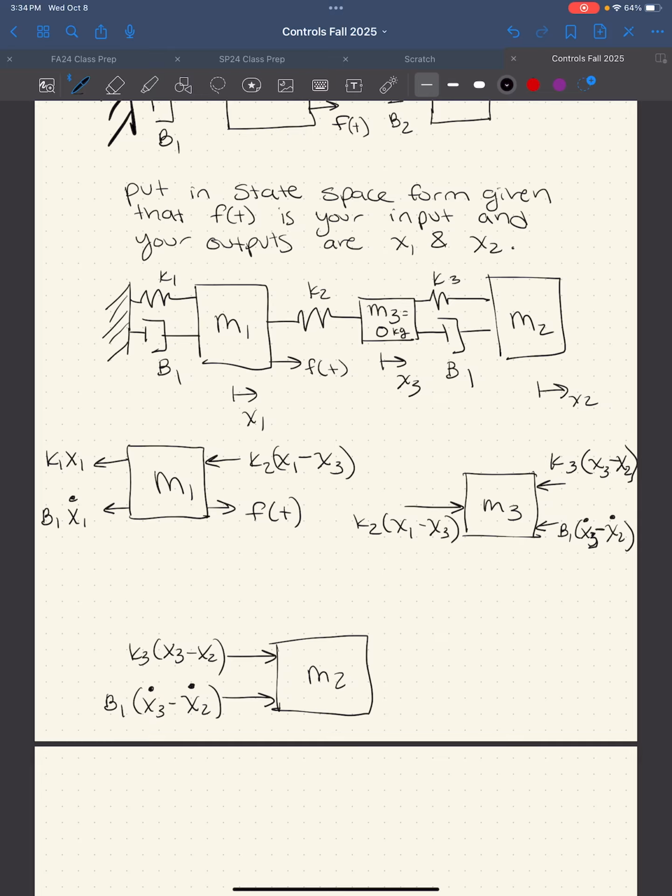Now I need to find the equations of motion, so I need to do the sum of forces equals mass times acceleration for all three of these blocks. So I'll do m1 x1 double dot equals, oops, forgot to give the direction of positive displacement. Looks like F is the only thing that's positive, minus K1 x1 minus B1 x1 dot minus K2 (x1 minus x3).